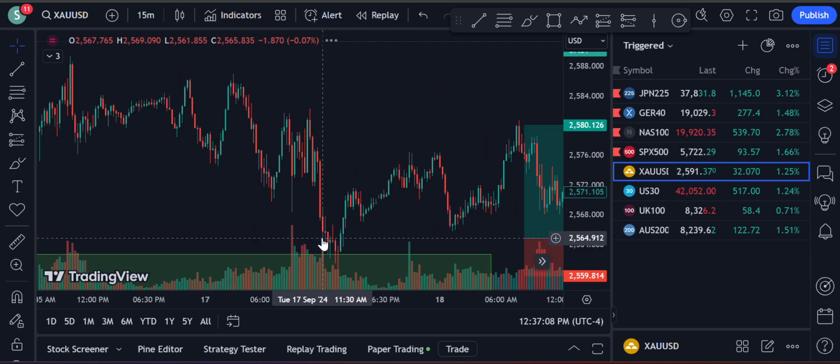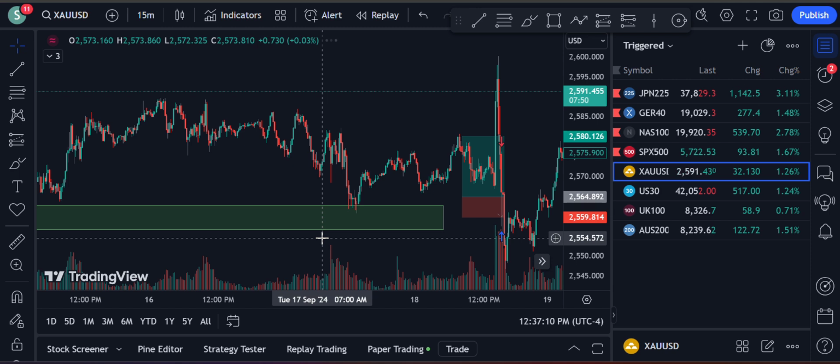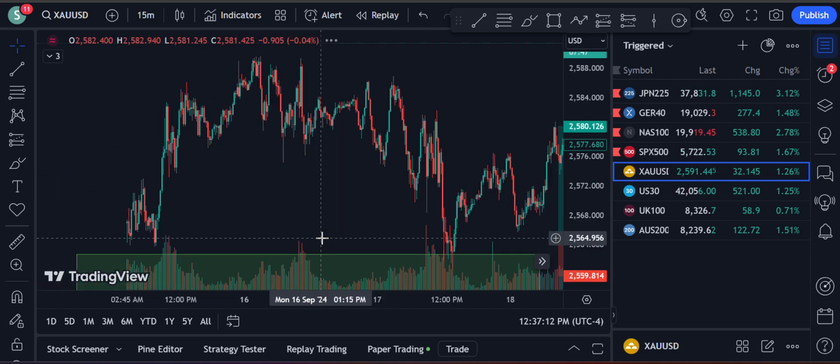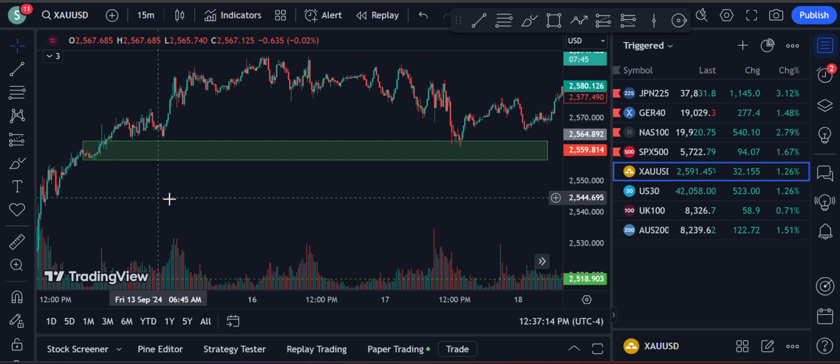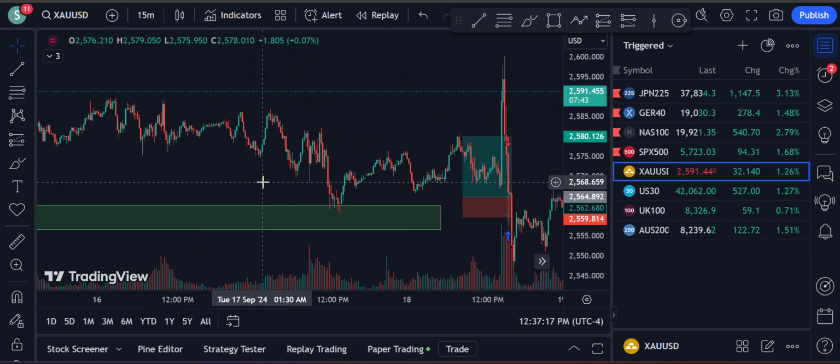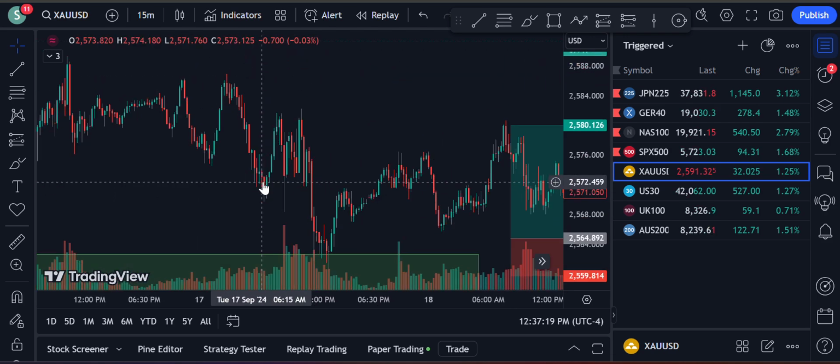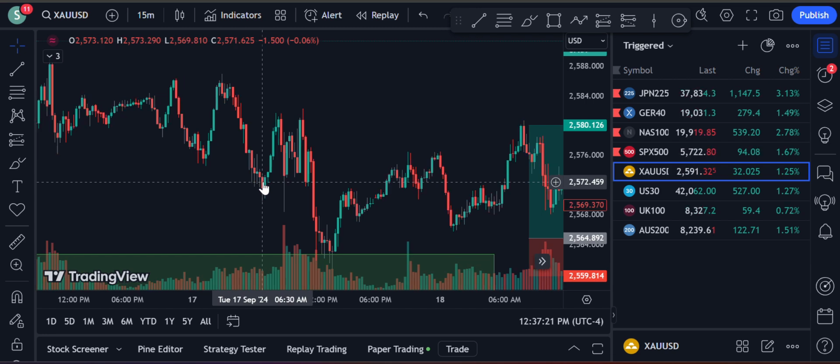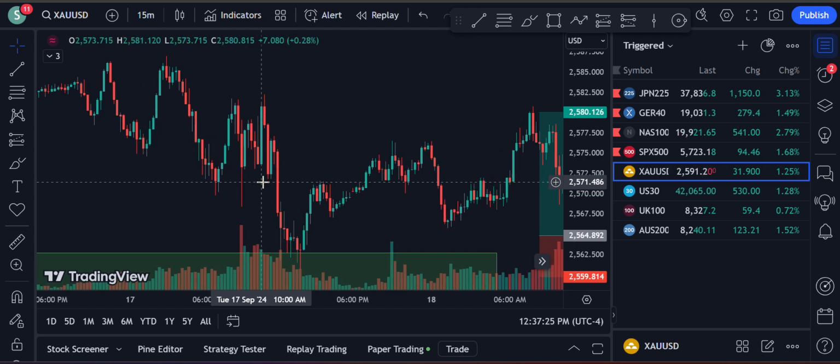So first of all, what I think we did wrong. First, I told you that our demand zone doesn't look very good. Still, we considered it. First, we compromised with our location, our higher time frame.